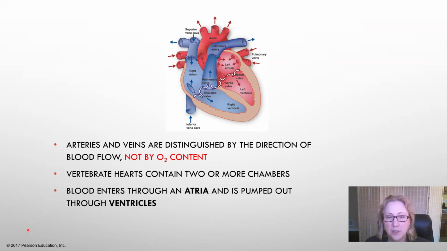And the ventricles are the chambers that pump the blood out of the heart. So here we have a human heart, and the top 2 chambers here are the atria and the bottom 2 are the ventricles, and the right side of the heart is pumping blood to the lungs and the left side of the heart is pumping blood to the rest of the body.